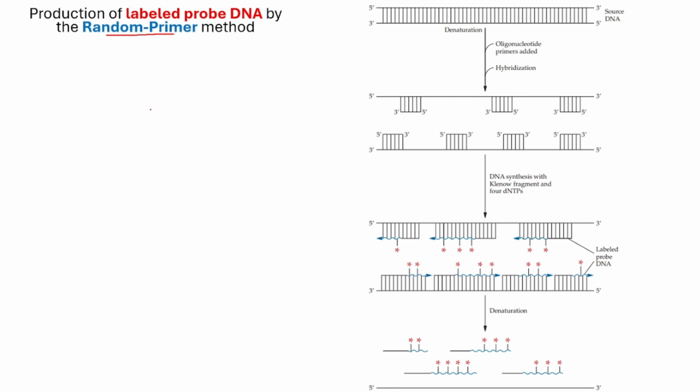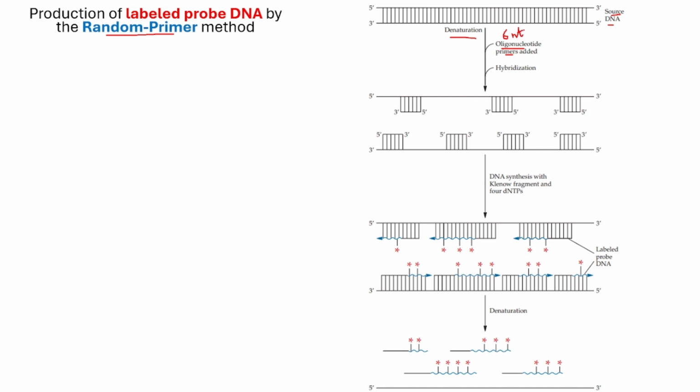Suppose we start with the preparation of the probe. We take a DNA, this is our source DNA, and we let it denature. At the same time, while it is denaturing, we give some oligonucleotide primers. In general, these oligonucleotide primers have all possible combinations of 6 nucleotides.